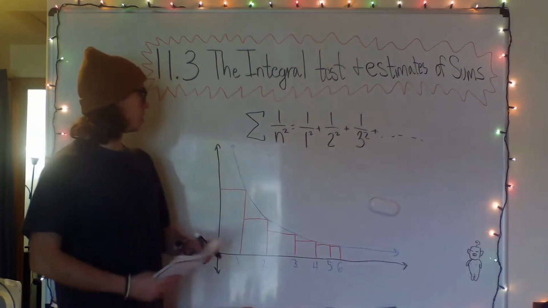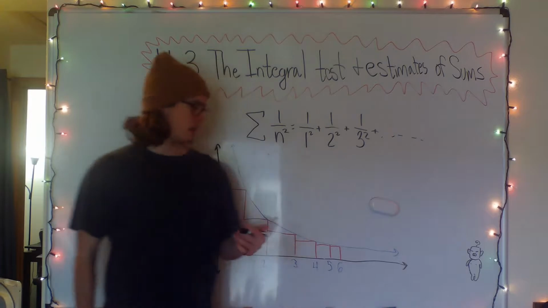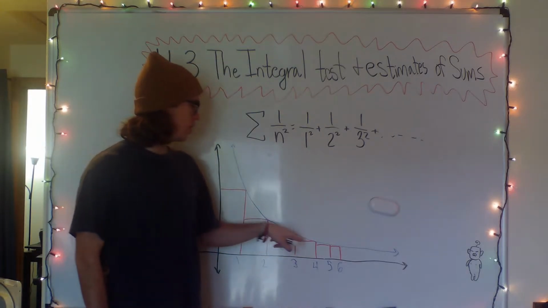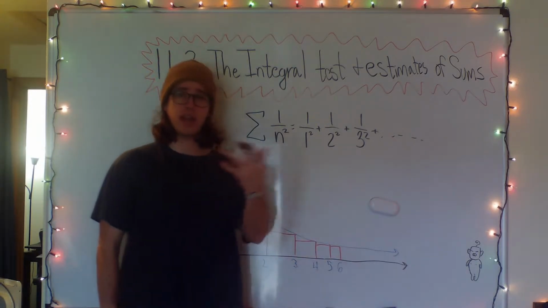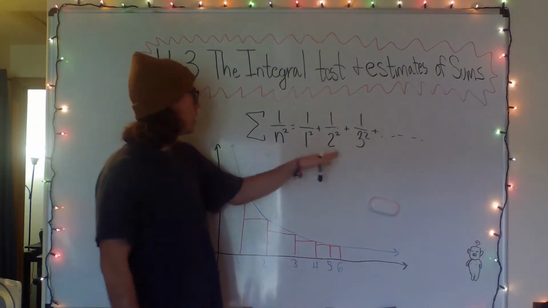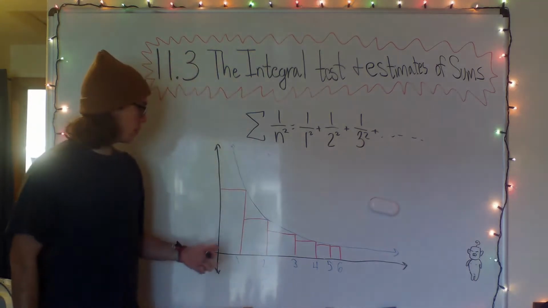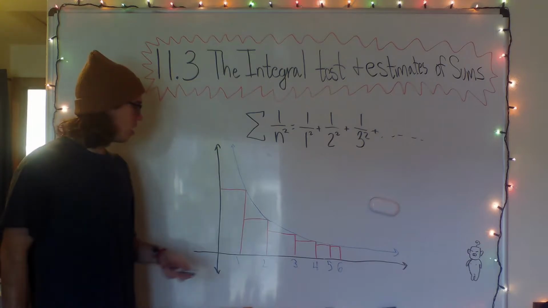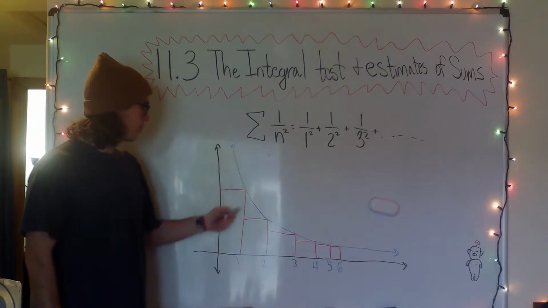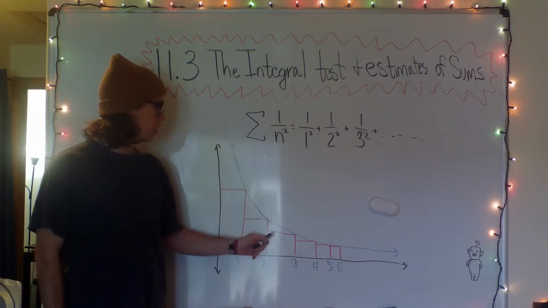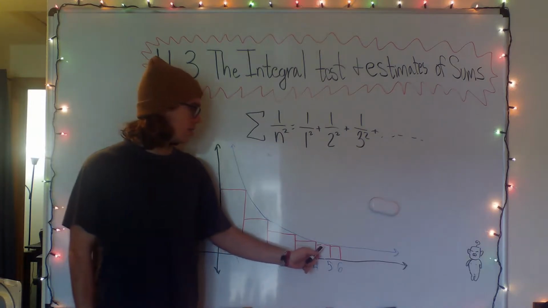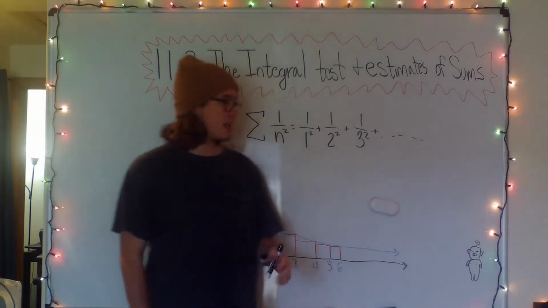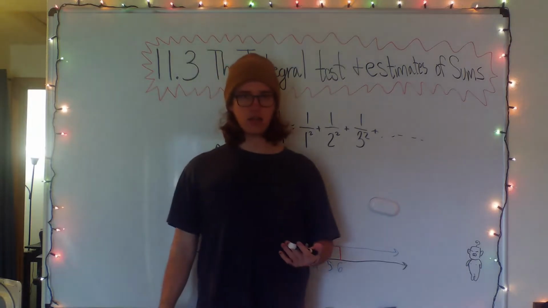If we were to put them on the graph of y equals 1 over x squared, and put each of these as if it were almost Riemann sum notation, we could see that we get an approximation of the sum, maybe, if we had taken this series as an integral.